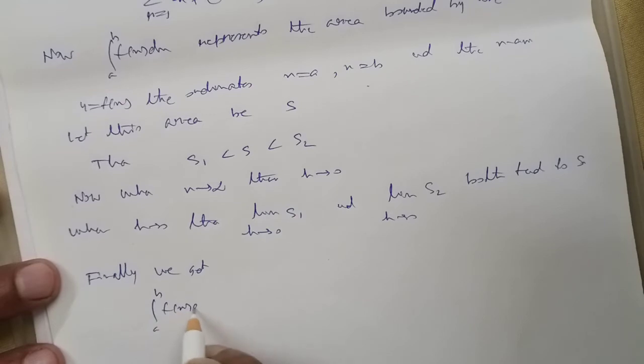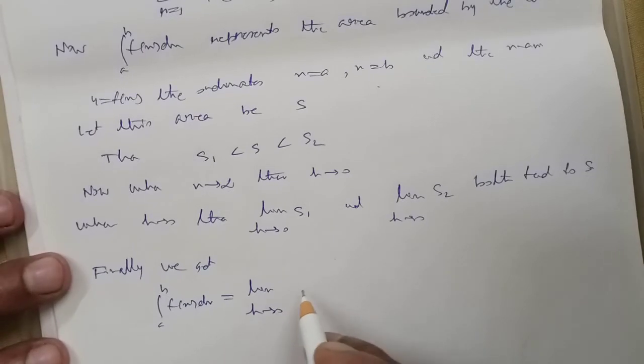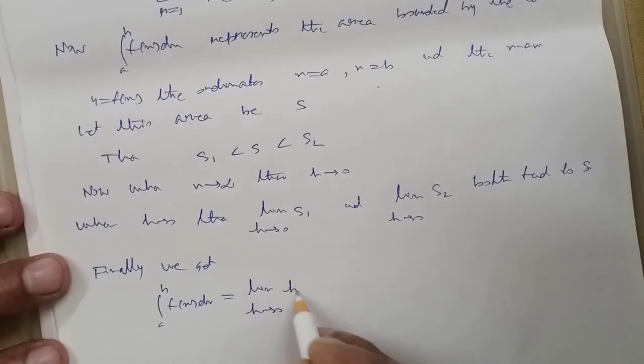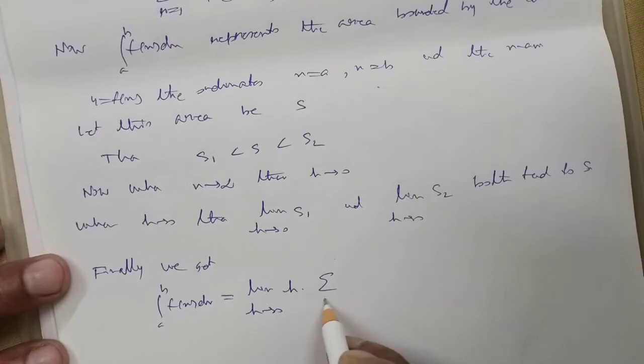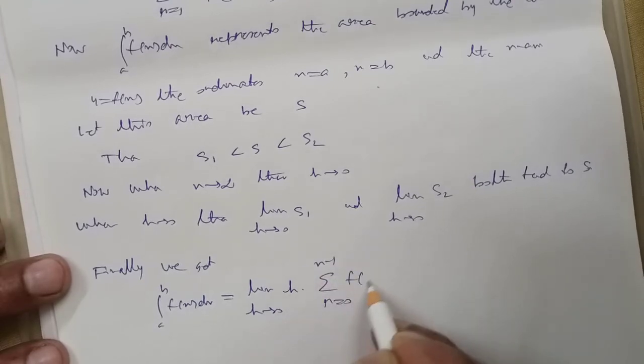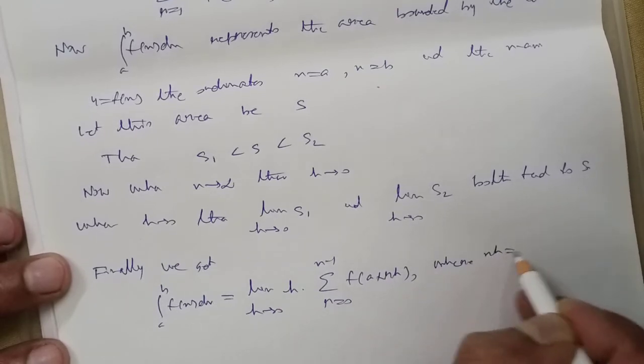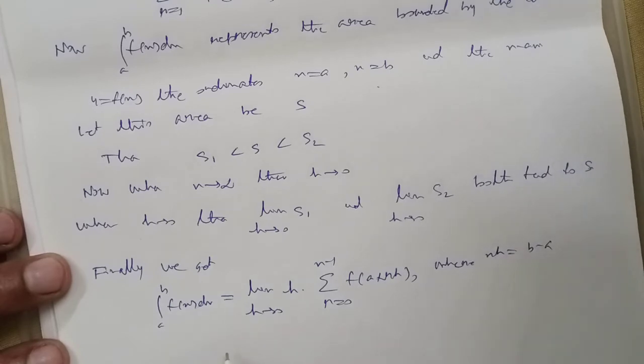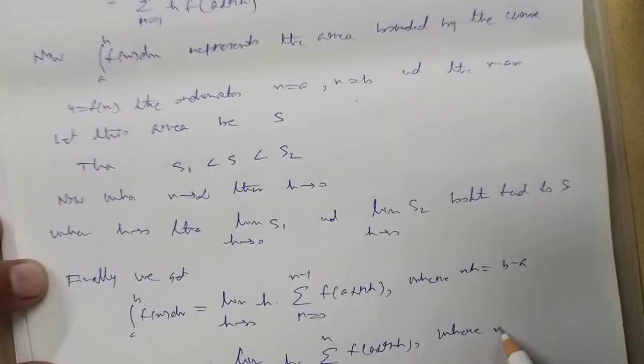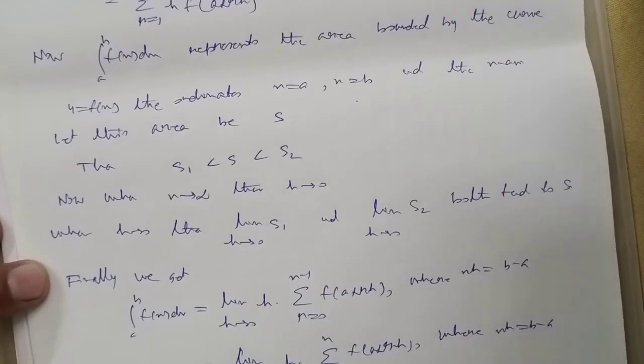Okay, so finally we get integration a to b f(x) dx. This is actually limit h tends to 0, h into summation r equals 0 to n minus 1 f of a plus rh, where nh equals b minus a, or you can write it as limit h tends to 0, h into summation r equals 1 to n f of a plus rh, where nh equals b minus a.